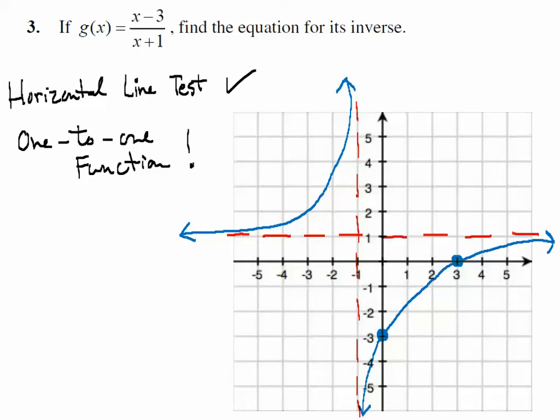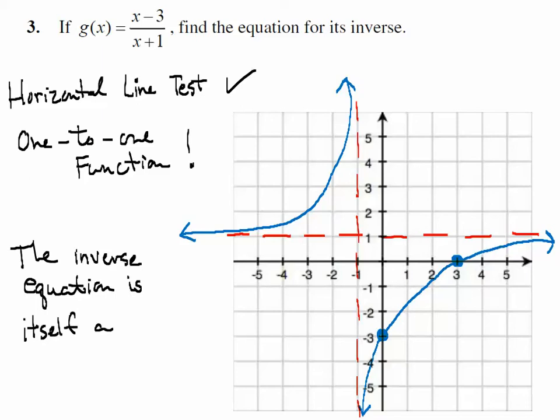All right. Cool. Okay, because it's a one-to-one function, what else do we know? Okay, let's see. What do we know about the inverse? We know it's a function. Awesome. There it is. There's the logic. The inverse equation is itself a function.